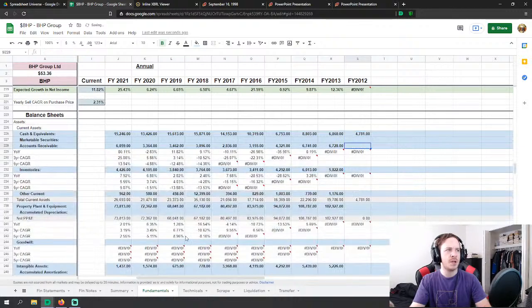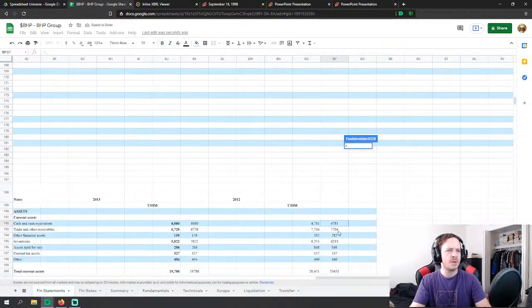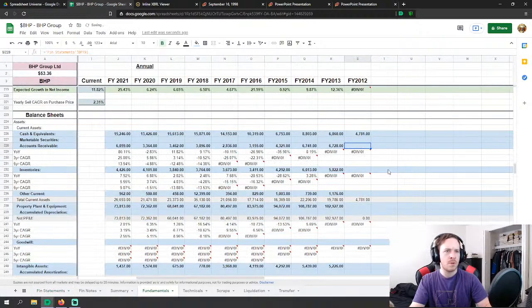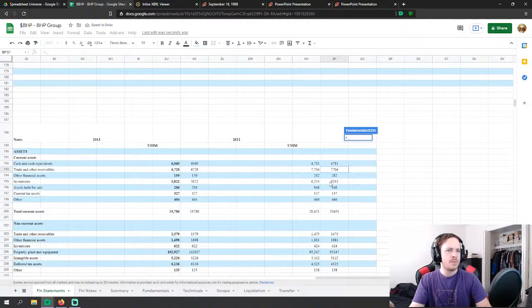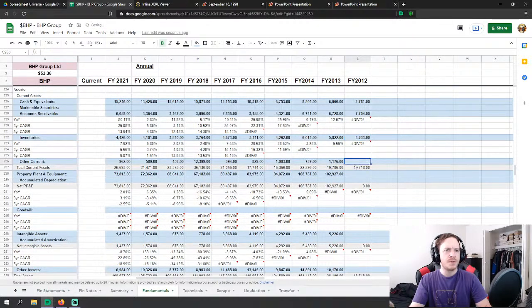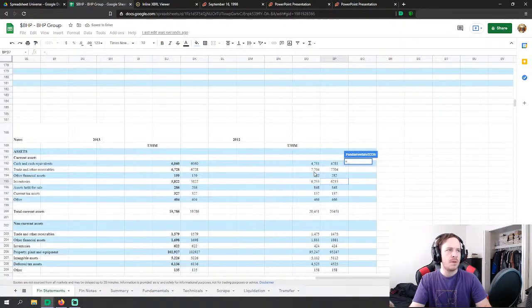And the balance sheet: cash and equivalents, receivables, inventories, everything else.